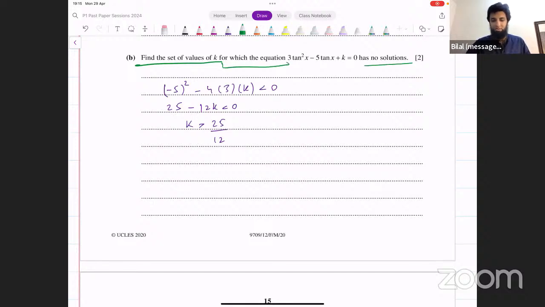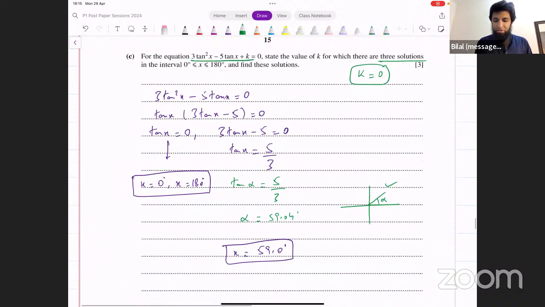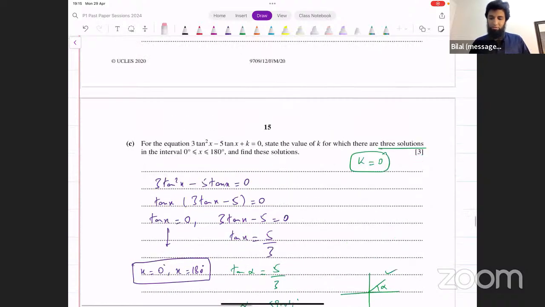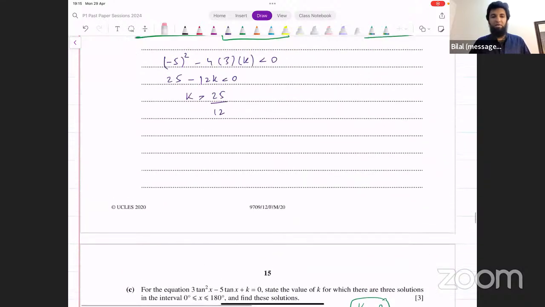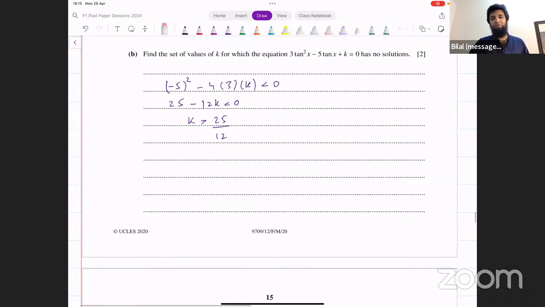That's another case. Here it says for this equation, state the value of k for which there are three solutions. That was the case when there are no solutions. Now this is the case where three solutions. These are two different things. There are two different scenarios. Okay, sir. We can't use what they gave in the previous part here because that was a different case. Okay.